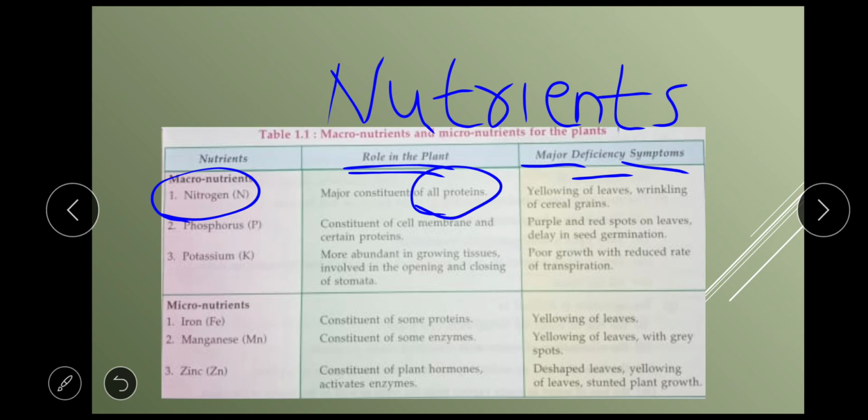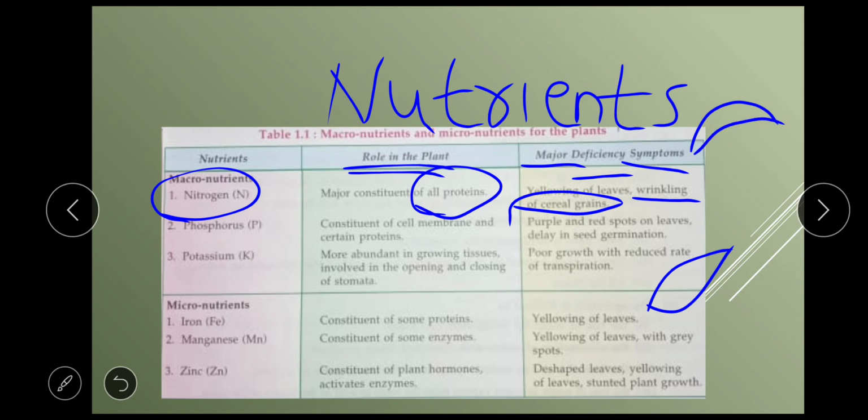That is because there is a lack of nitrogen in the plants. Then wrinkling of cereal grains. Wrinkling means the leaves will get rolled, folded like this. So again, this is a problem because of lack of proteins.